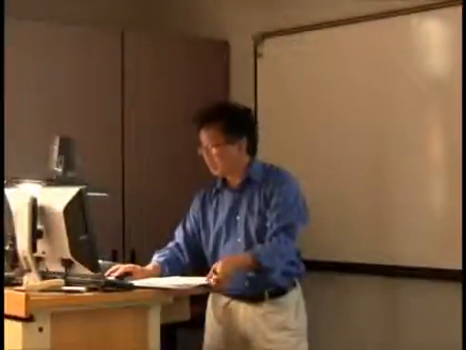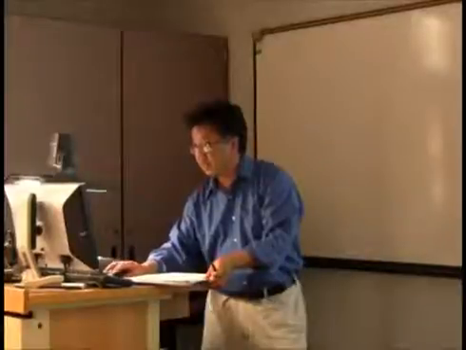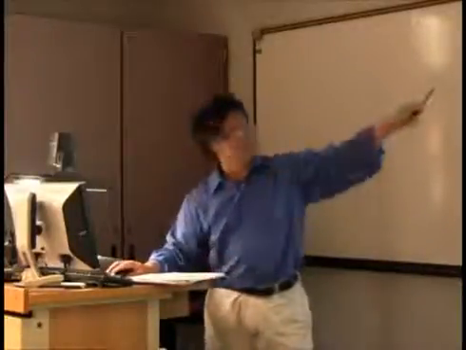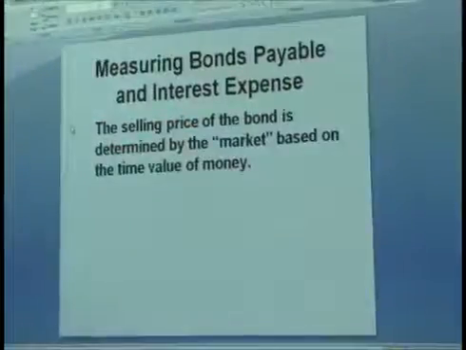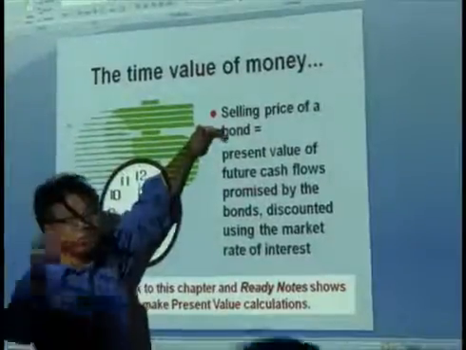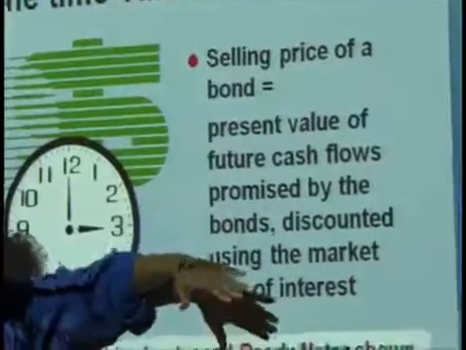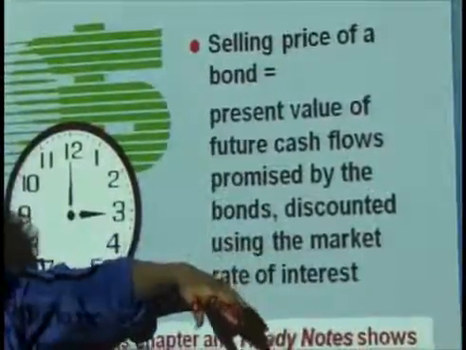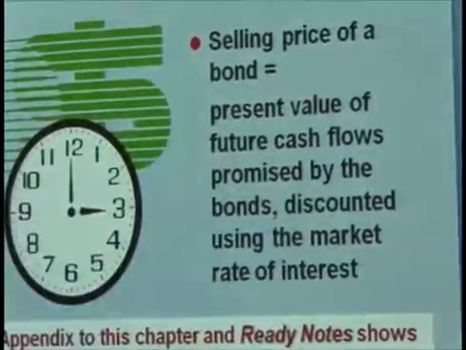Right? So I've been showing you this slide many times. I'm going to talk about all these types of bonds later. So I've been saying this many times: the selling price of a bond today equals the present value of future cash flows promised by the corporation, discounted using the market interest rate.